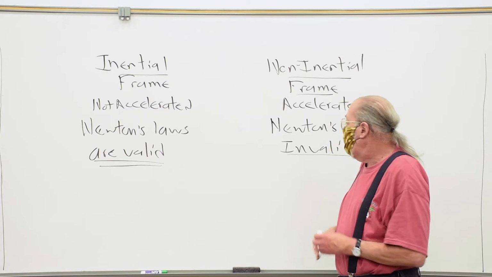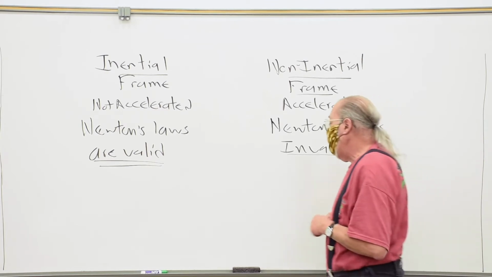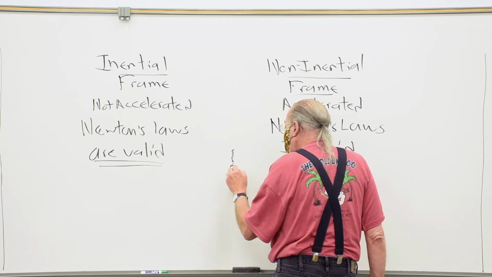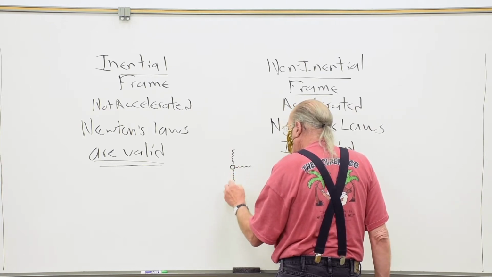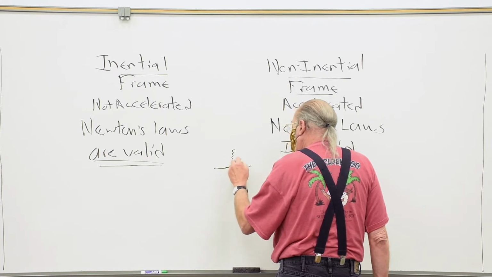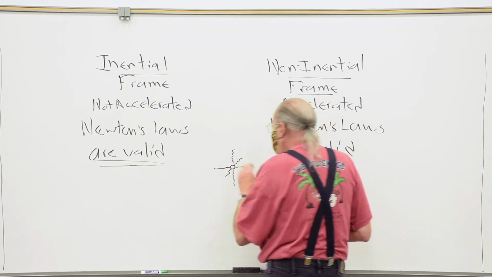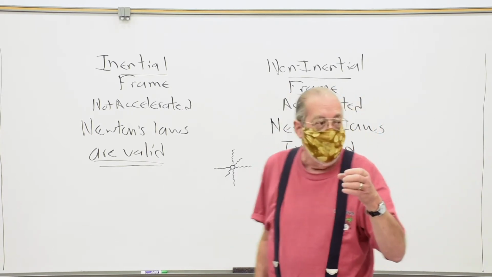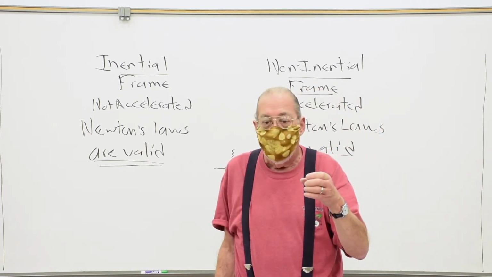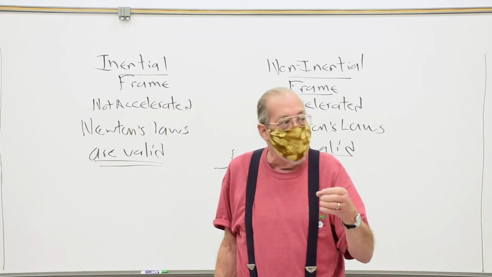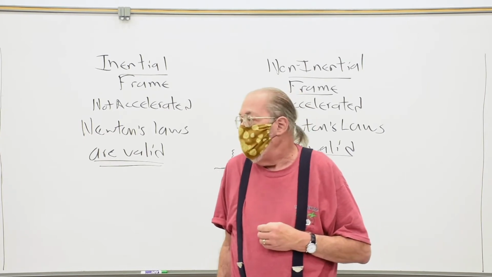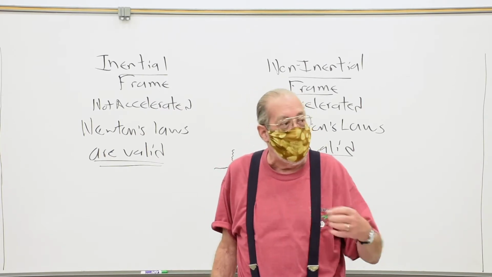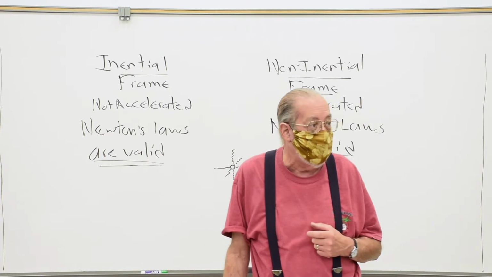In fact, the simplest accelerometer, if you want to know how you do it, if you simply take a ball and mount it on little springs in 3 dimensions, okay, up, down, left, right, and back, forth, and then you have some sort of electronic readout on that, if that ball should move at all, that means you're in an accelerated frame. And by measuring where the ball is and so forth, you can actually measure the acceleration.